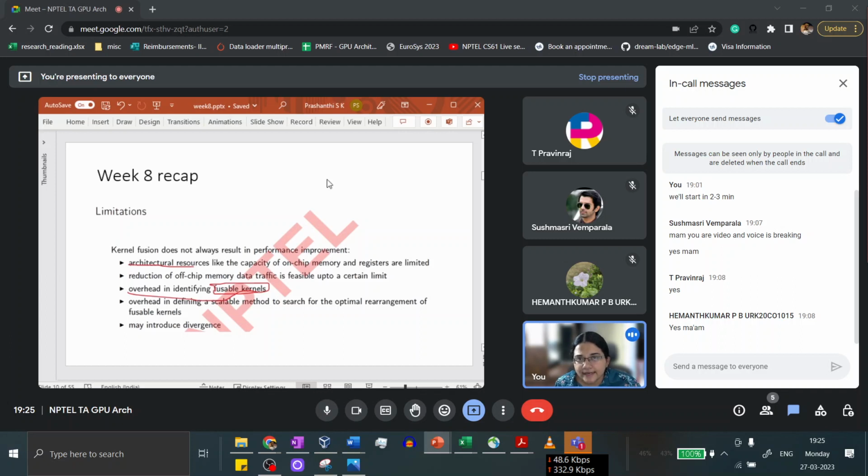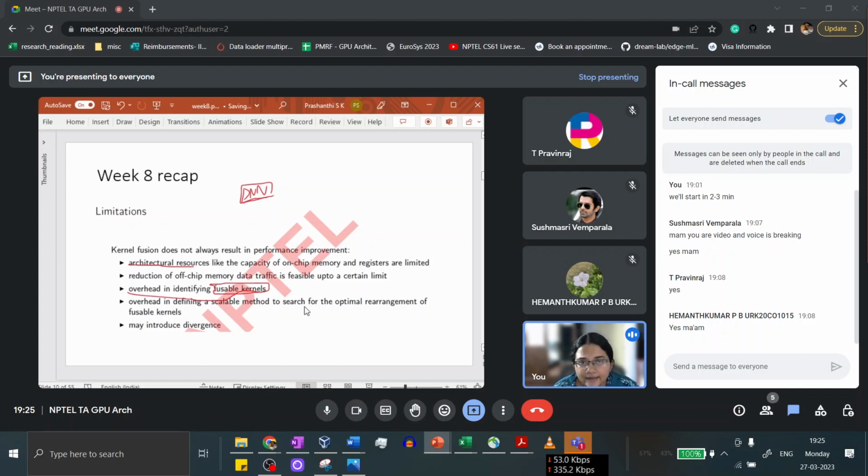Going back to the deep neural network, when you compile this network, maybe you need to identify these fusible kernels, but thereafter I'm going to use the same DNN for hundreds of frames coming in through the camera. So maybe that overhead is justifiable. These are things that you need to think about whenever you propose some kind of optimization.